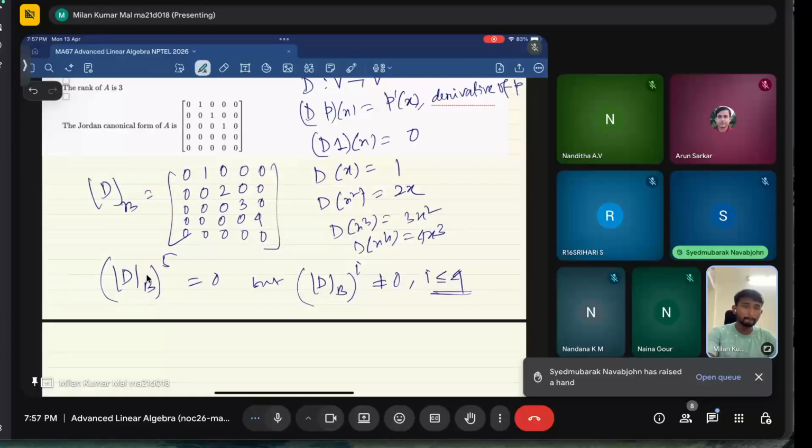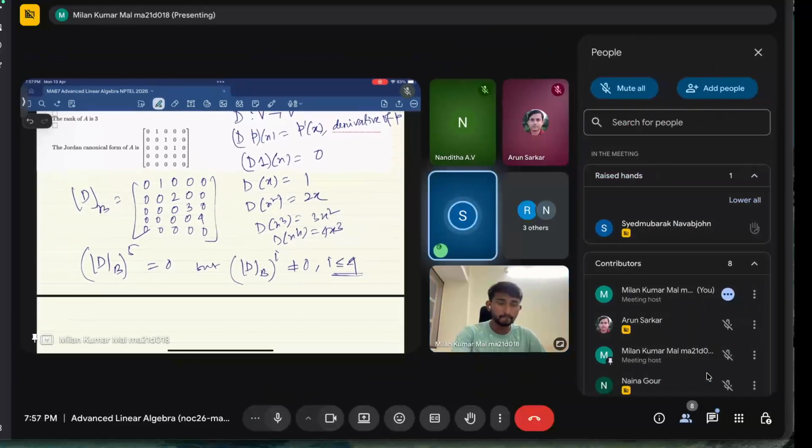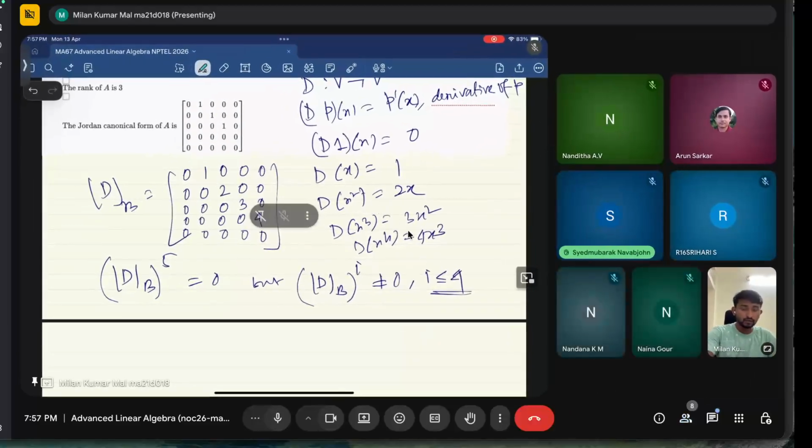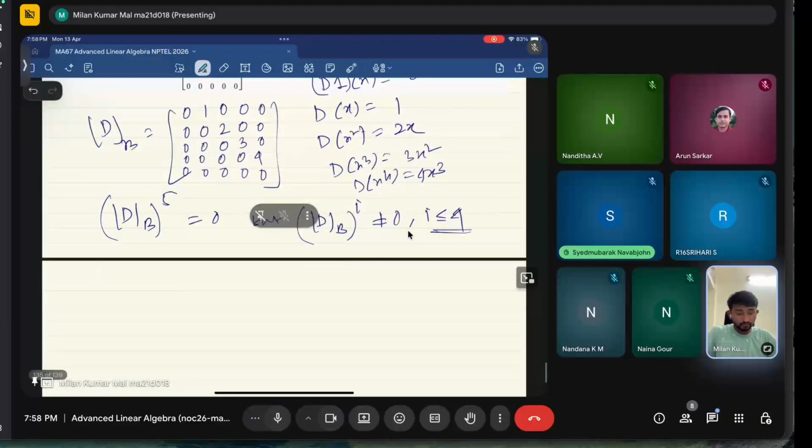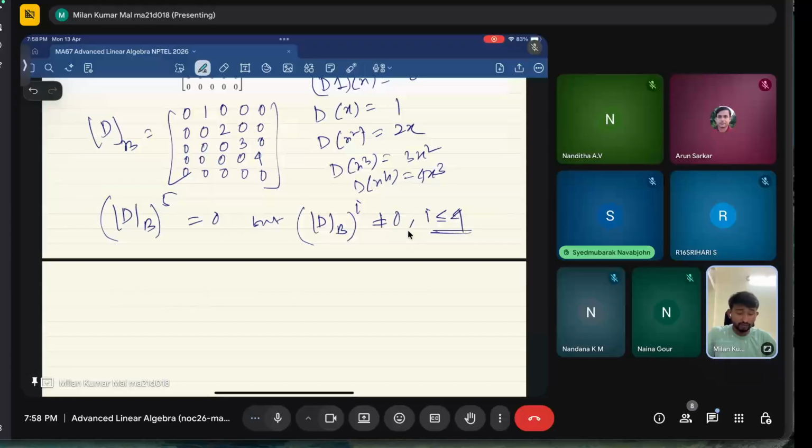Whatever power you take, the non-zero term just shifts. The first time you square, the non-zero term shifts over; the second time it shifts again; at the 4th power the non-zero term still appears, but at the 5th it vanishes. This is the pattern.